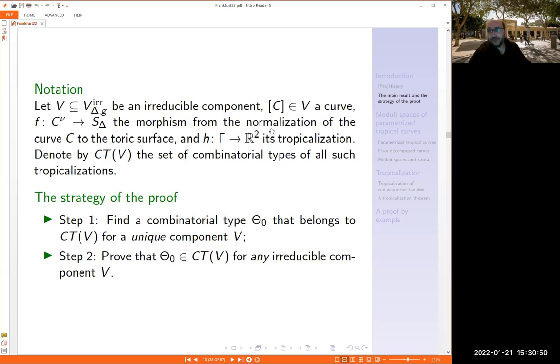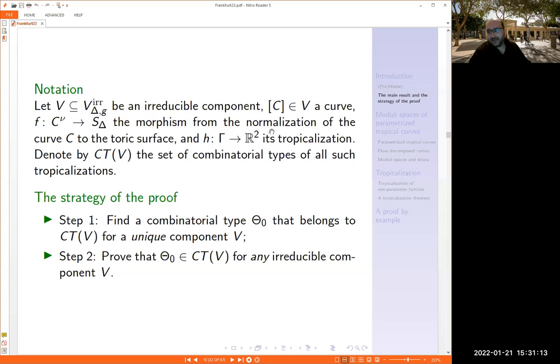Then step 2 says: pick this particular type and try to show that it necessarily must be contained in CT(V) for any irreducible component. If this is the case, then there is only one irreducible component. Okay, so these are the two steps.